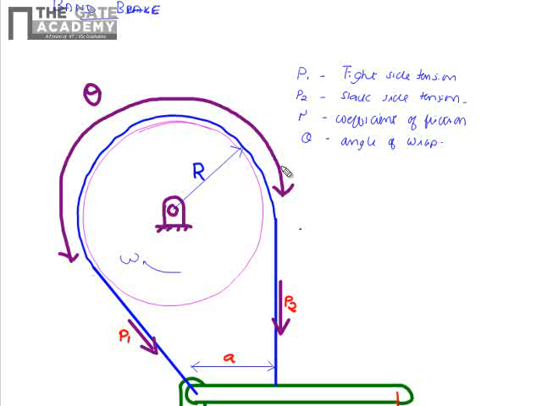If this is the case, then we have P1 by P2 equals e power mu theta.